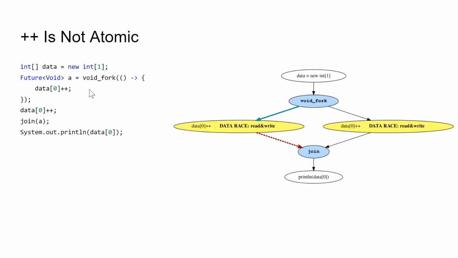I want to talk about just how small a window this sort of thing is. plus plus is not atomic. So in this program, I again have one piece of data, and I am incrementing it here and incrementing it there. And you can see again, now we're both reading and writing the data.